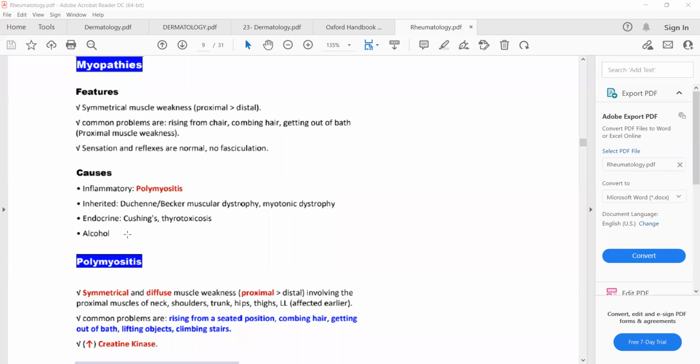Add one other cause of proximal myopathy to these causes, and that is vitamin D deficiency. Remember that vitamin D deficiency can also present with proximal muscle weakness, such as difficulty rising from a chair, combing hair, getting out of the bath, or standing up from a sitting position.